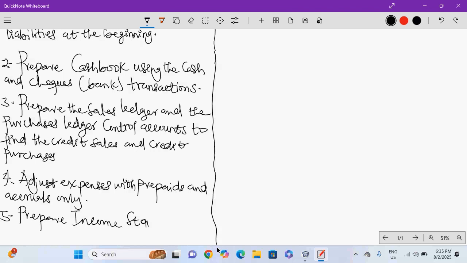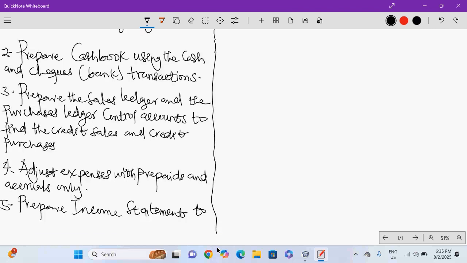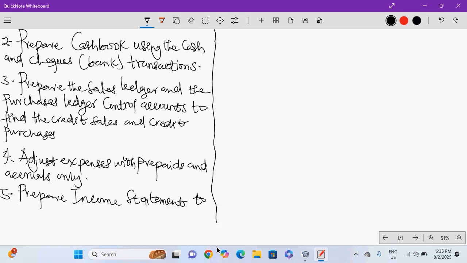Not-for-profit making organization. Prepare the income statement to find the profit or loss for the period.